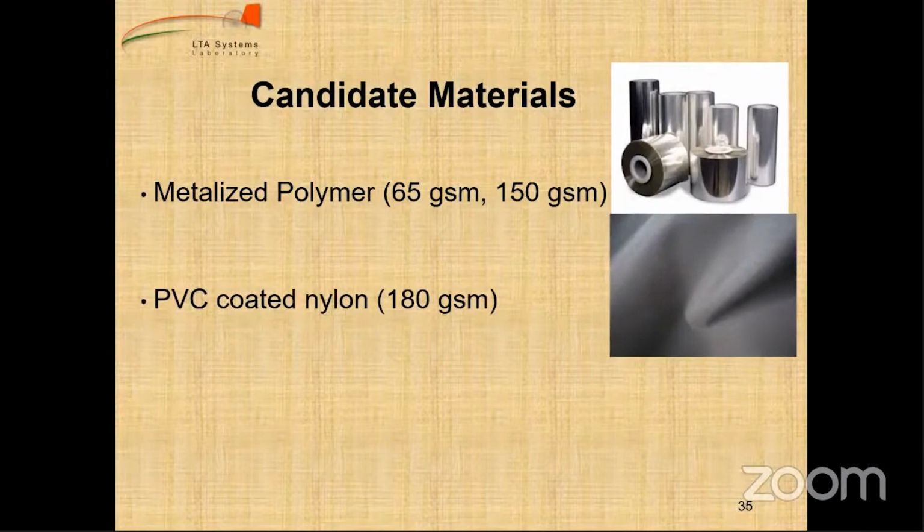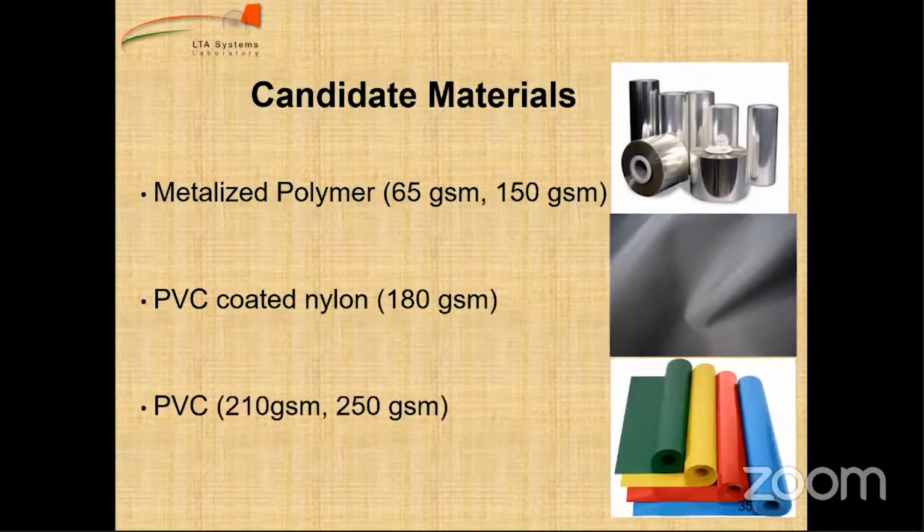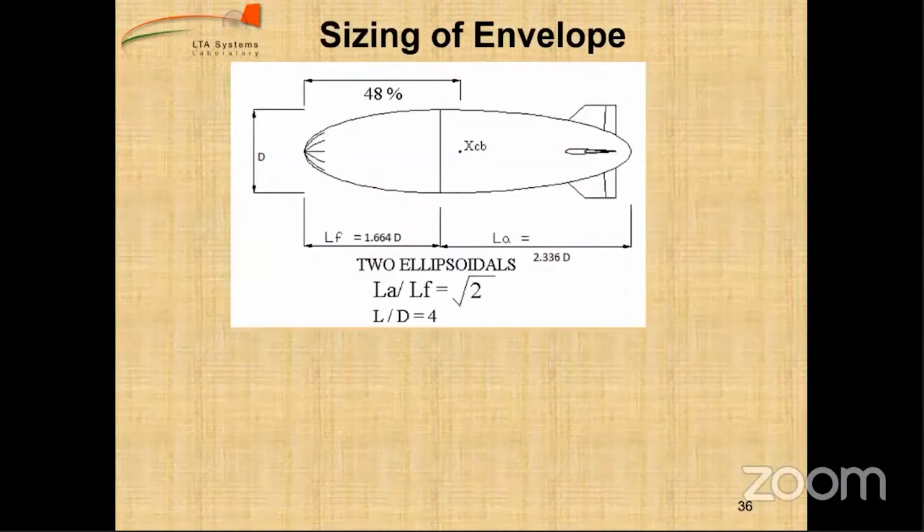Nylon we can get in 120 GSM, but when we coat it with PVC, it can weigh up to 180 GSM. Then we can use only PVC, which is slightly higher in weight than the PVC coated nylon and metallized polymer. It can vary from 210 GSM to 250 GSM.